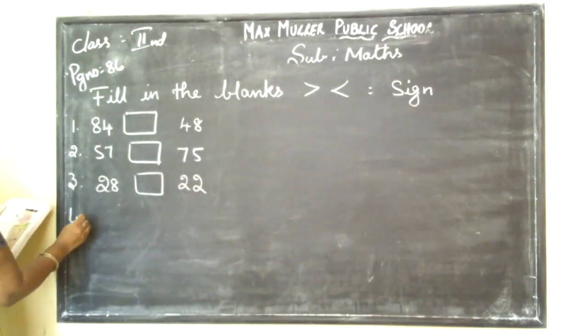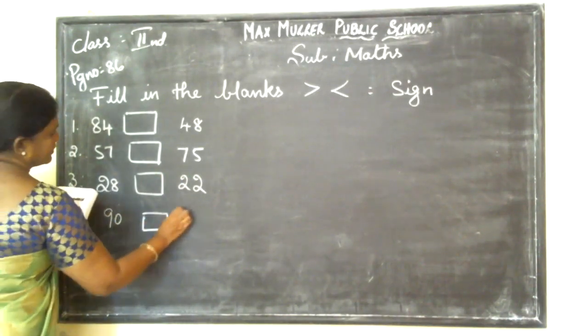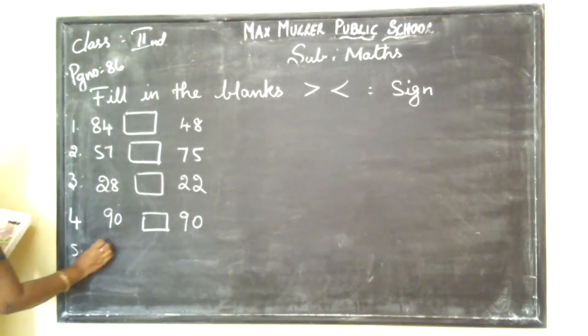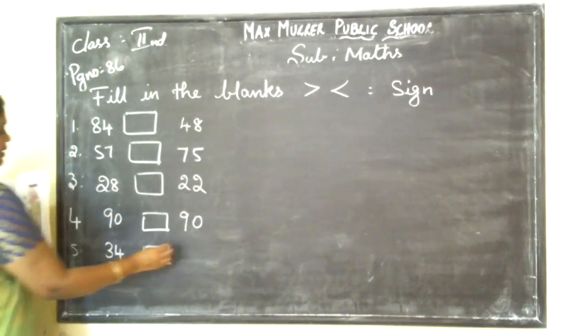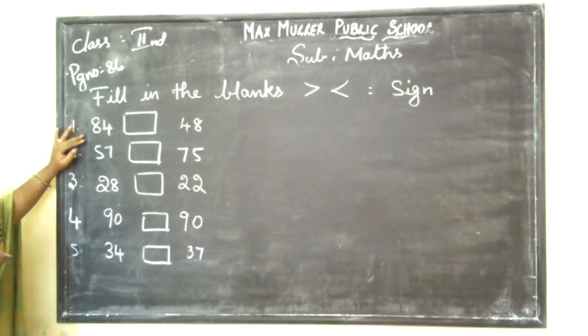Fourth one, 90, 90. Fifth one, 34, 37. Understood, children? For this, we will use three signs.